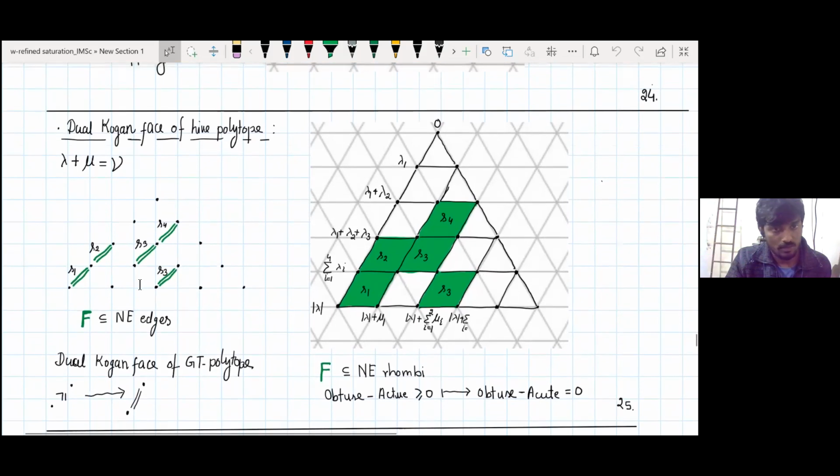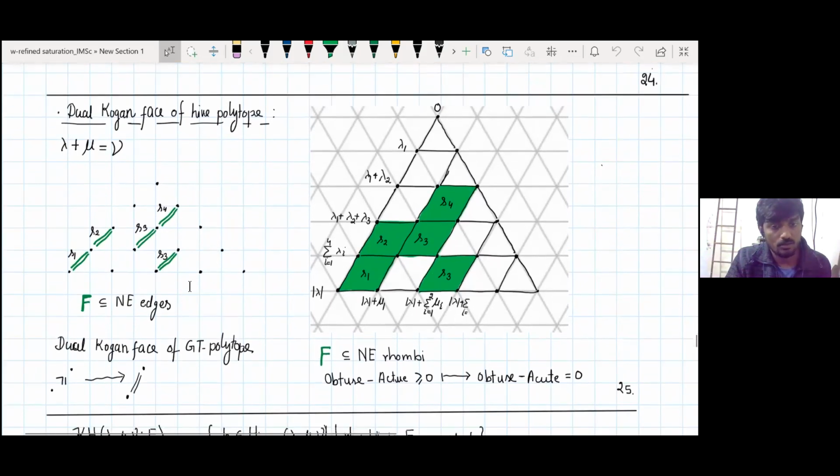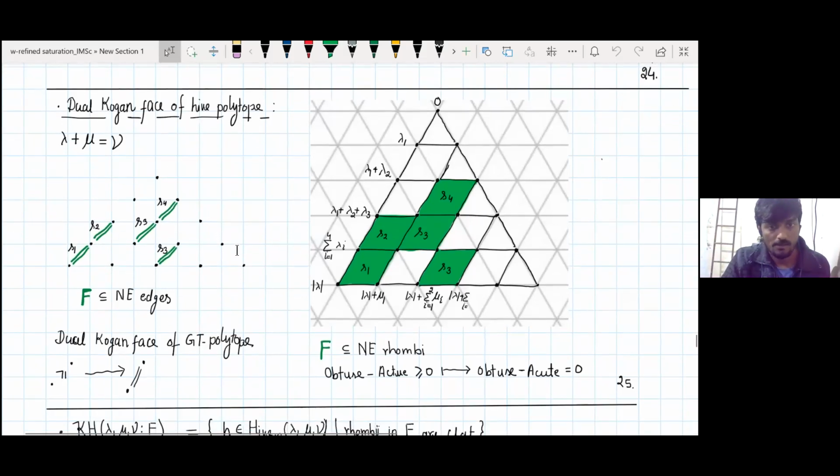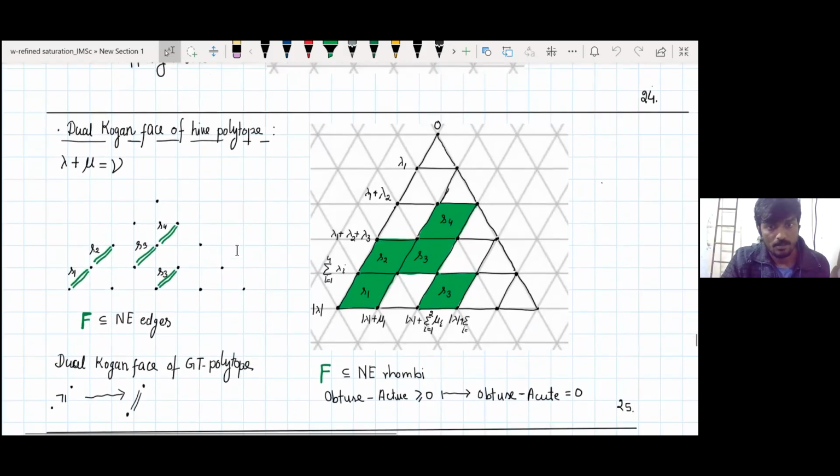We are using this label to find out which GT pattern will correspond to the Demazure crystal. We have to get the permutation W from there, so this is the way of extracting the permutation from the GT pattern. So this northeast edges equality corresponds to the northeast rhombus.